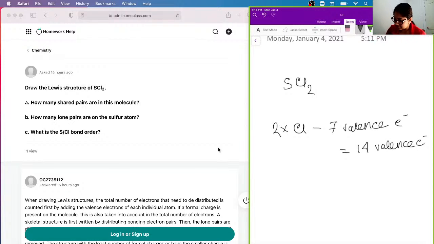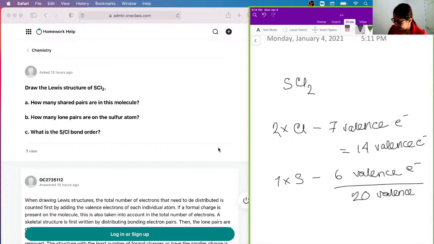Since we only have 1 sulfur, it has 6 valence electrons. If you add this all up, you have in total 20 valence electrons.